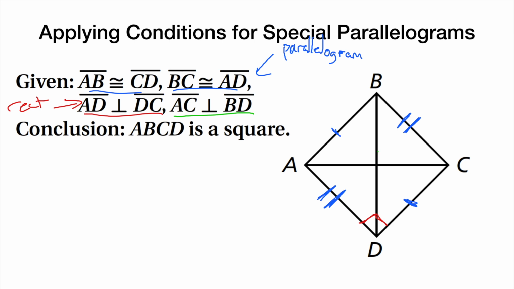That means our diagonals are perpendicular. That proves it is a rhombus. So if we know it's a parallelogram that is both a rectangle and a rhombus, then our conclusion right here, ABCD is a square, is correct. So there we go.